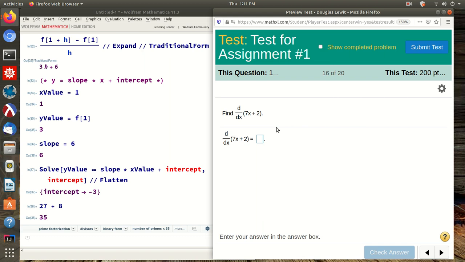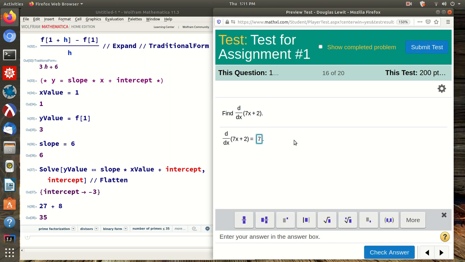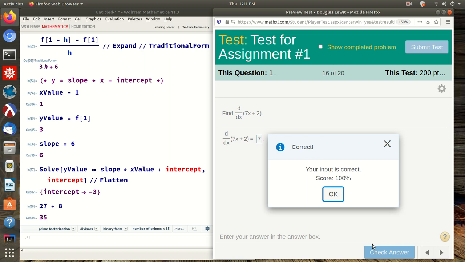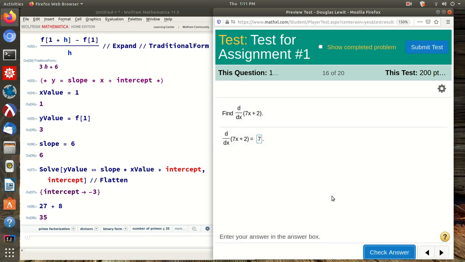Find the derivative with respect to x of 7x plus 2. Well, the derivative of the 2 is going to be 0, and the derivative of 7x is just 7. So the answer is 7. Okay, there we go. So find f prime of t, which is the derivative of f with respect to t, if f of t is negative 3 times t cubed minus 6 times t plus 1.